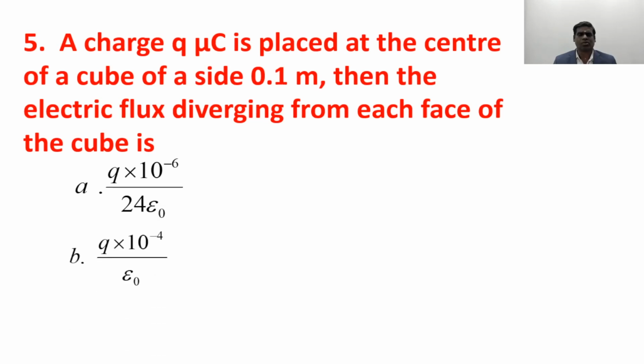Option B, q into 10 power minus 4 divided by epsilon naught. Option C, q into 10 power minus 6 divided by 6 epsilon naught. Option D, q into 10 power minus 4 divided by 12 epsilon naught. Here you want to find the electric flux in a cube.